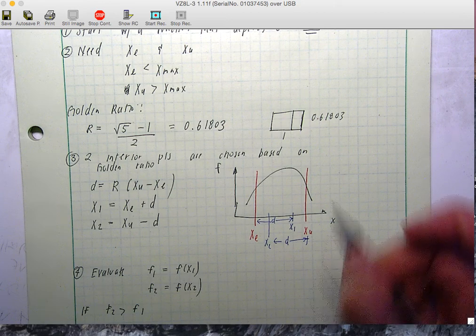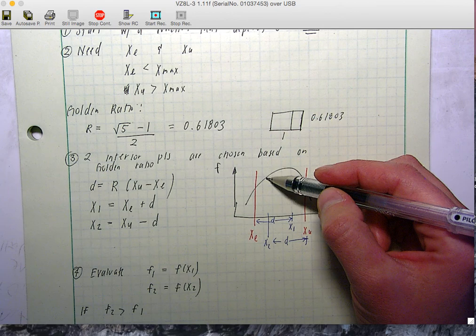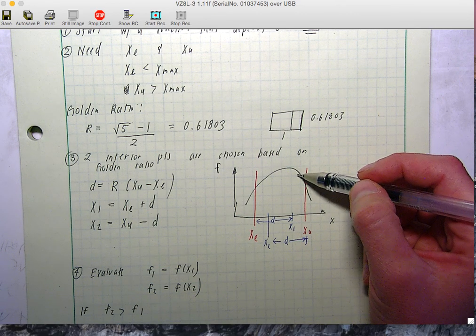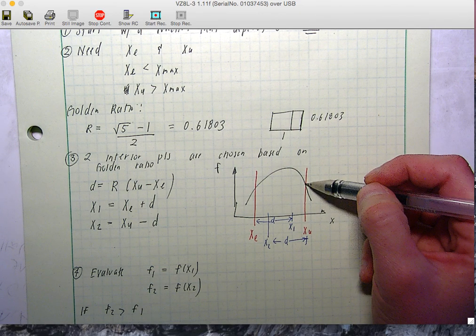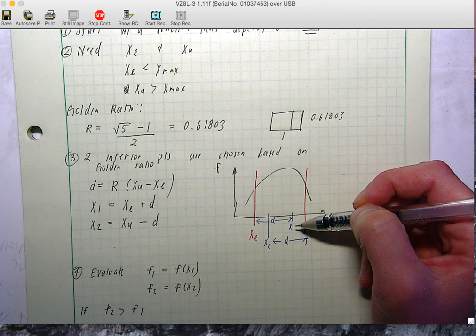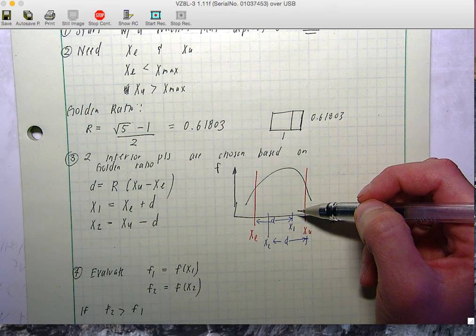So if the function value at f2 is greater than the function value at f1, then you know that you can remove the section from... I'm writing a maximum, right?